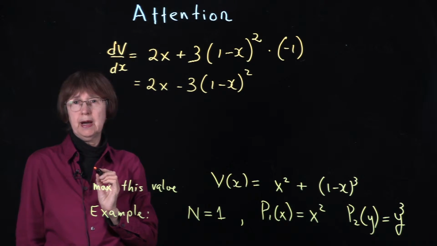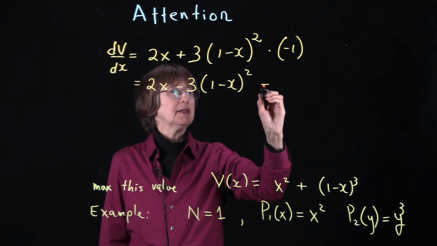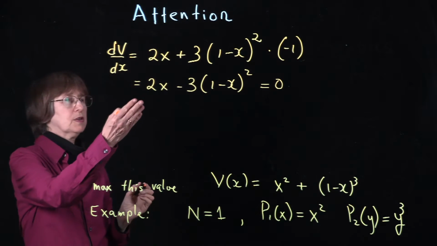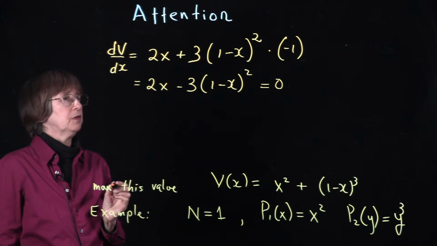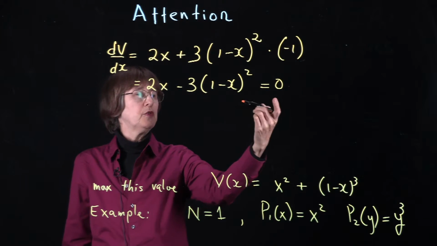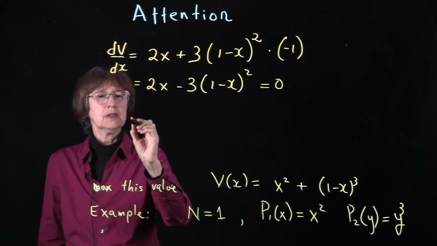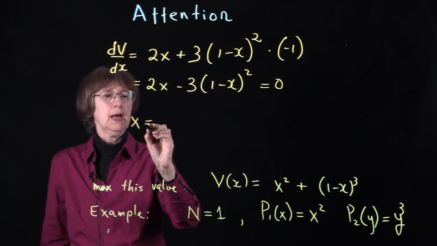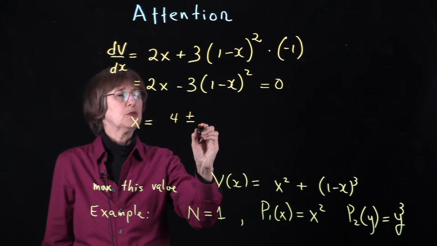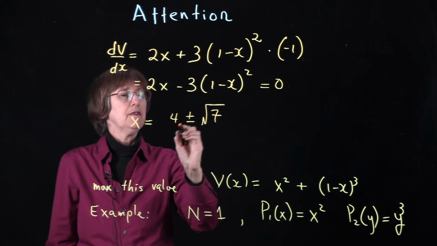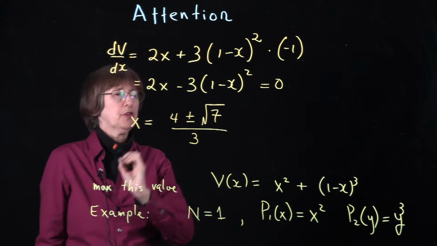In order to optimize then, what we have to do is set this equal to 0 and solve the given equation for x. This is a quadratic equation, and when we solve this, we will find that x is equal to plus or minus root 7 divided by 3.